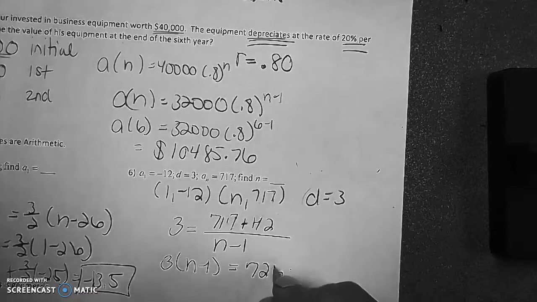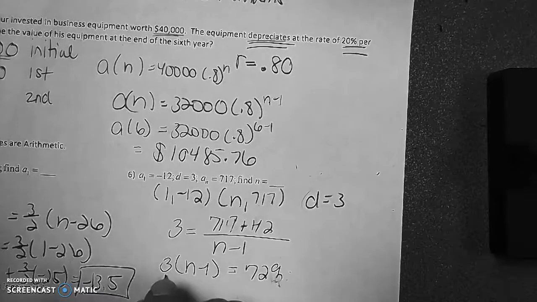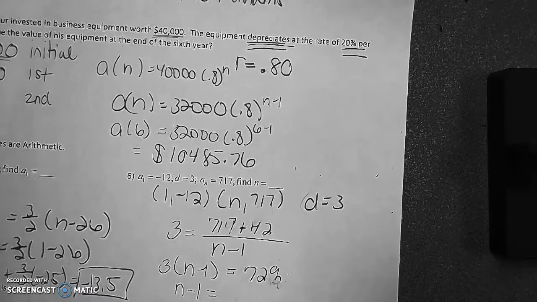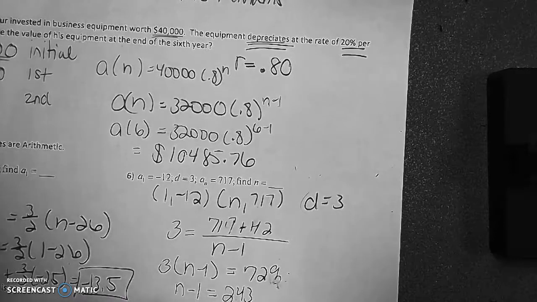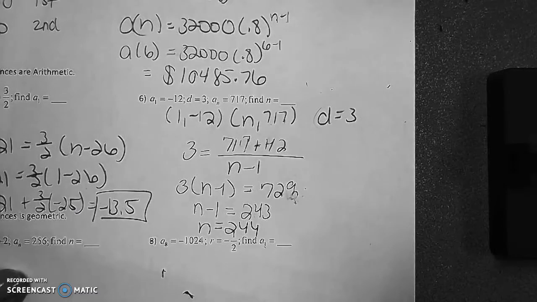So this should be a 9. I'm now going to take 729 and divide it by 3. I'll multiply it by 1/3, so I get n minus 1 equals 243. So n is 244. That's just one way to work this problem, by the way. I could also use point slope form.